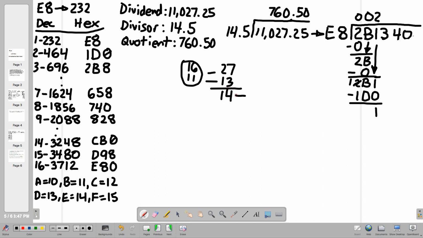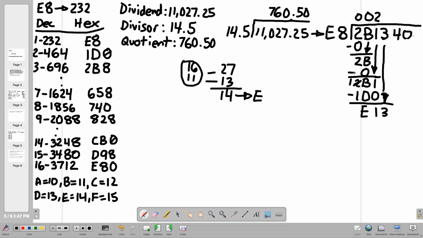In hexadecimal, the value 14 is represented by the letter E, so we put E here. And then, of course, 1 minus 1 is 0, but we do not need to represent that. To complete the cycle, we bring down the value 3.